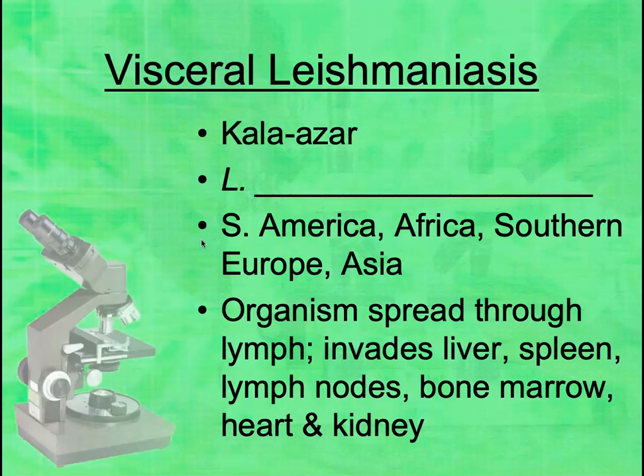You've got your most common geographical distribution, but also I want to add India, Bangladesh, Sudan, and Brazil. As its name implies, visceral, we have organ involvement with this one. So liver, lymph nodes, spleen, bone marrow, major organs, heart and kidneys can be affected.